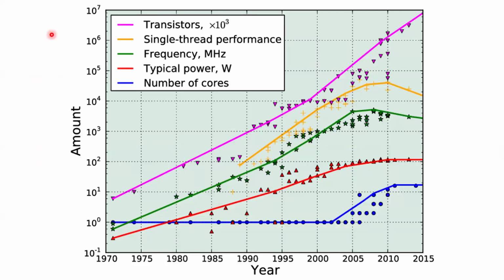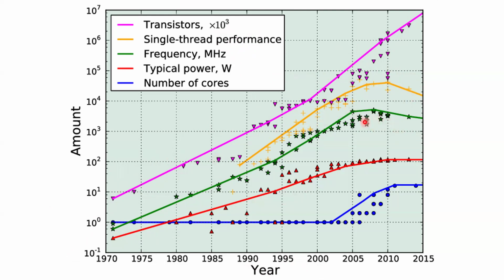This is just a graph to motivate parallel programming. This line is the number of transistors on chips over time. From Moore's law, this will grow and grow every year. But while this is growing, single-thread program performance is degrading.